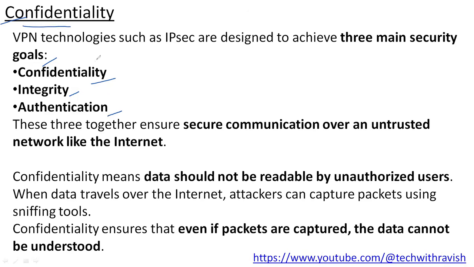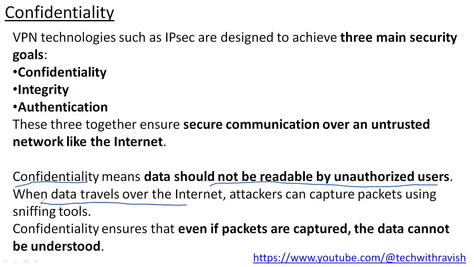We were talking about confidentiality, which means data should not be readable by any unauthorized user between source and destination. Your data will be highly confidential. No one can read this data over the internet.